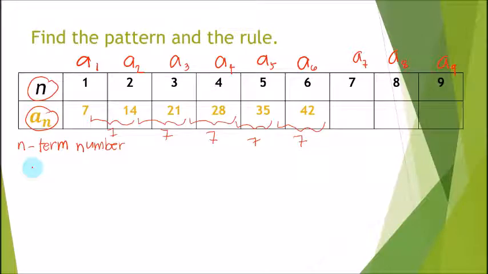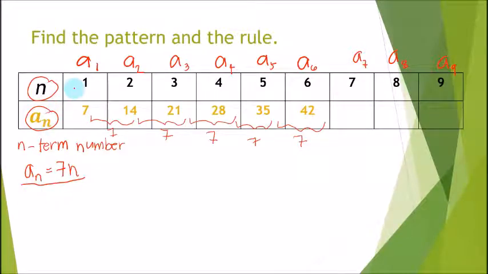So, we can say that our general rule for this is 7 times n, because we have a common difference of 7. Now, we'll try to find out if this given rule is correct or not.